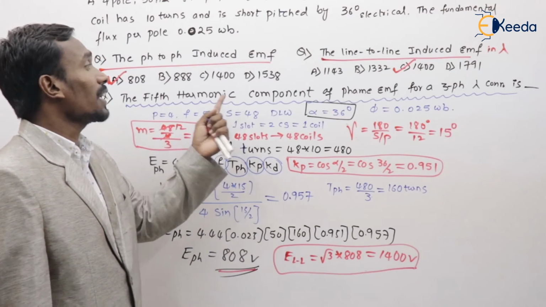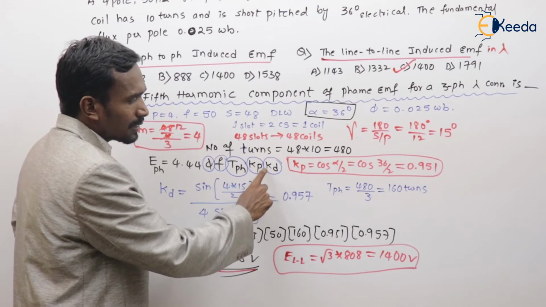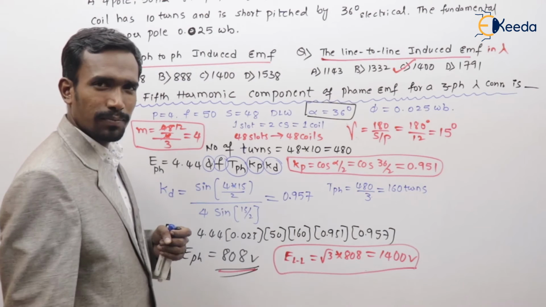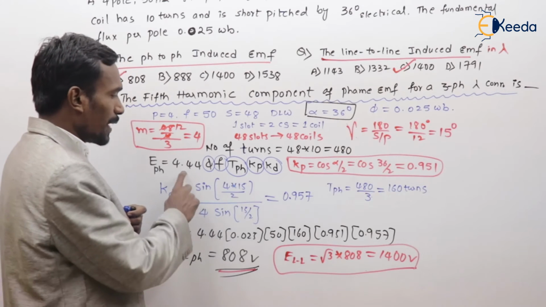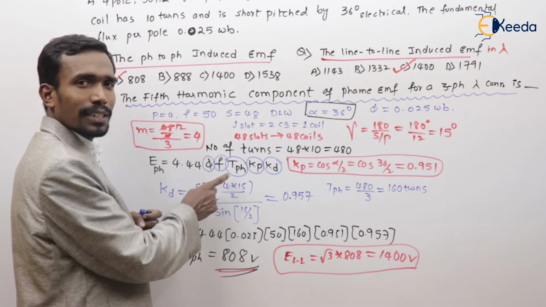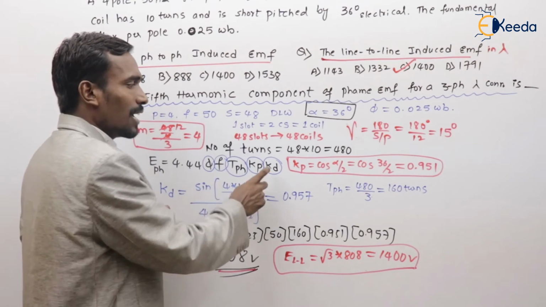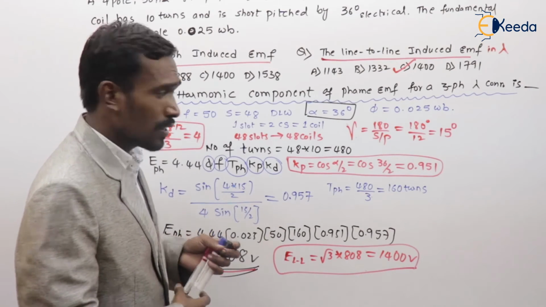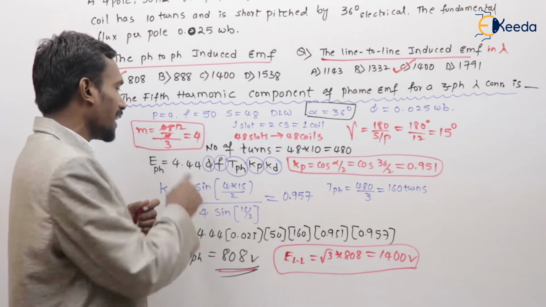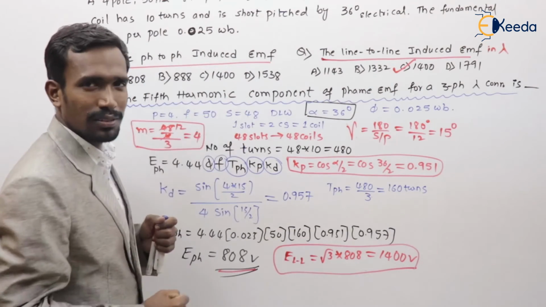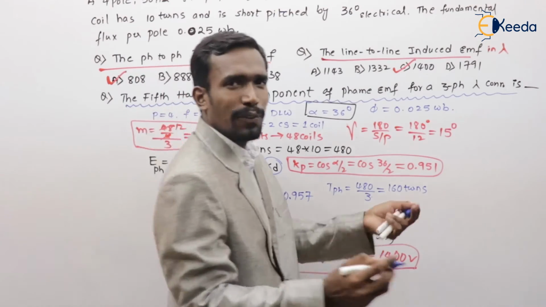Here we have to find E phase 5, with Kd5 and Kp5. For the fifth harmonic EMF we need 4.44 into flux and frequency for the fifth harmonic, turns, Kp5 and Kd5. Then we have to substitute all those values. Let's check it. I will find Kp5 first.